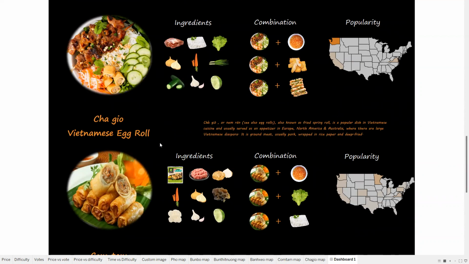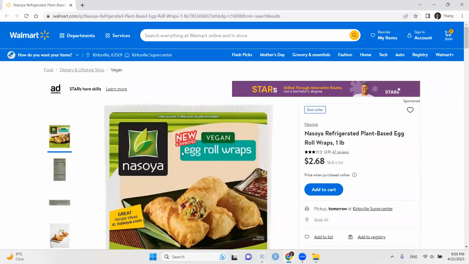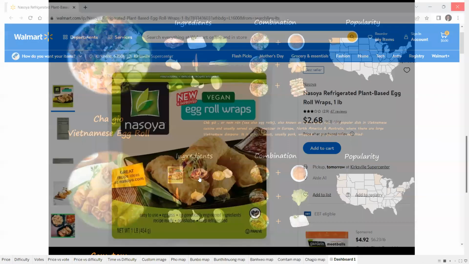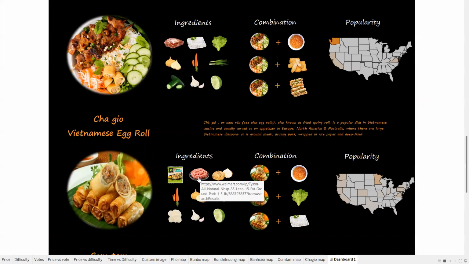This is also a very iconic dish, and in order to have that, you need to buy a few things. The first one is the egg roll wrapper, which looks like this in Walmart, and the pork is going to be ground pork.